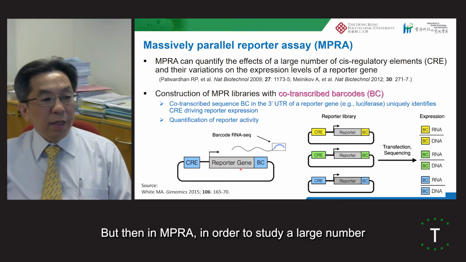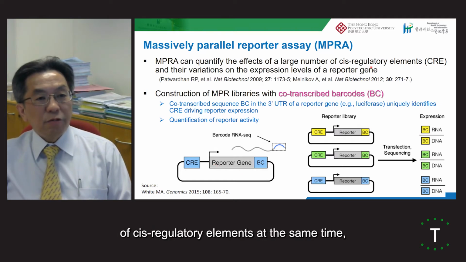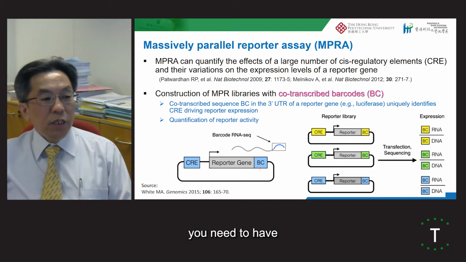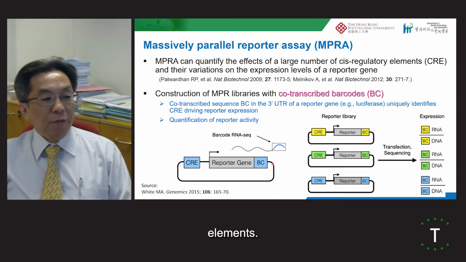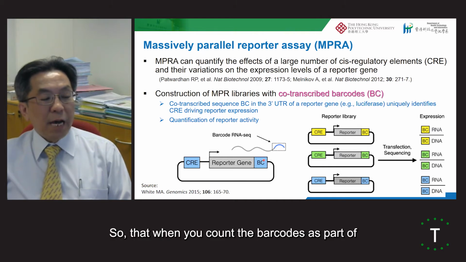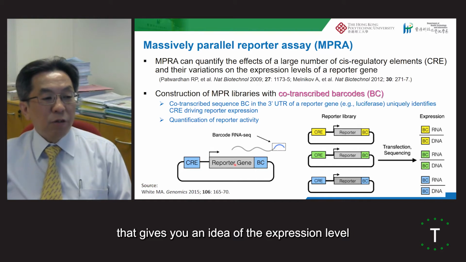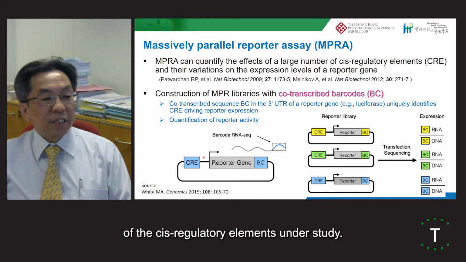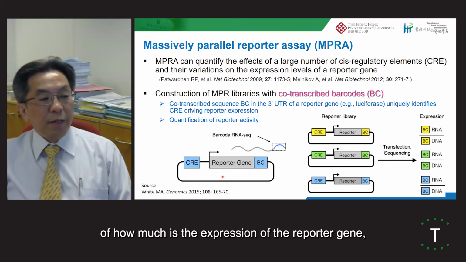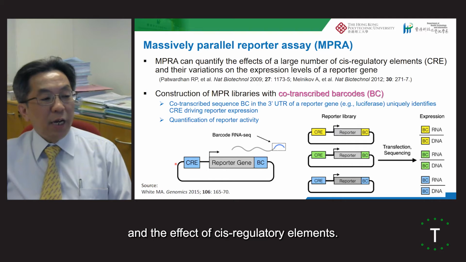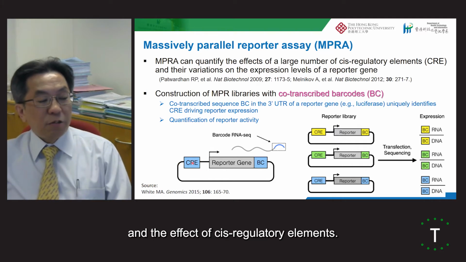But in MPRA, in order to study a large number of cis regulatory elements at the same time, you need barcodes linked with the particular cis regulatory elements, so that when you count the barcodes as part of the expressed mRNA, that gives you an idea of the expression level of the reporter gene under the influence of the cis regulatory elements under study. So the number of barcodes expressed as RNA gives you an idea of how much the reporter gene is expressed under the effect of the cis regulatory elements.